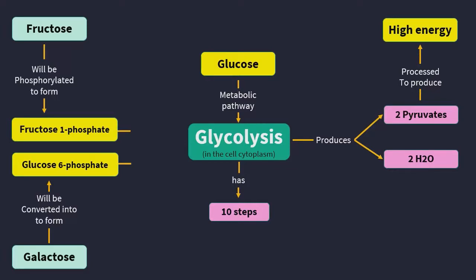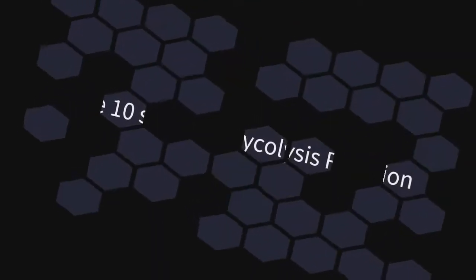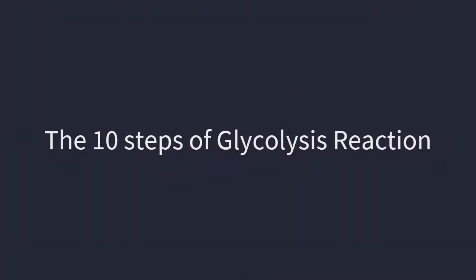Fructose 1-phosphate and glucose 6-phosphate will now be ready to join with glucose in the process of glycolysis to produce pyruvate, a precursor compound to produce high energy for our body to use. We will now look at the 10 steps of the glycolytic reaction in the following slide.